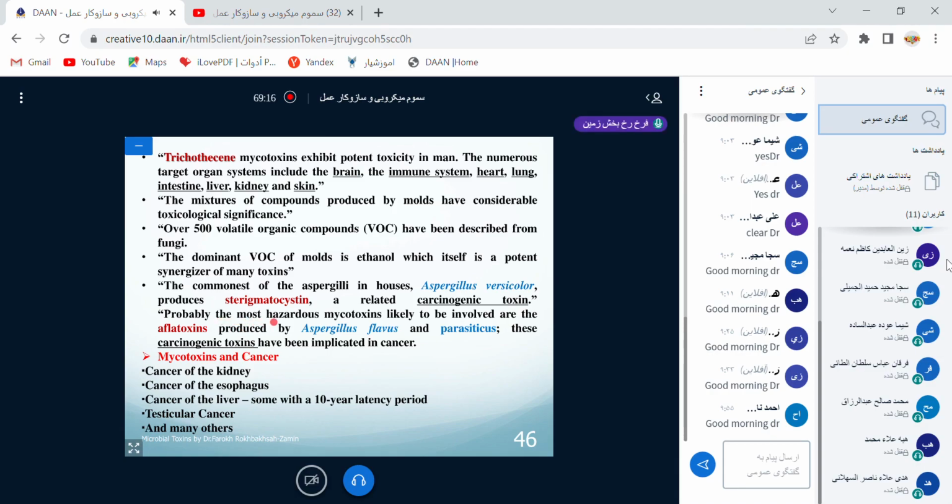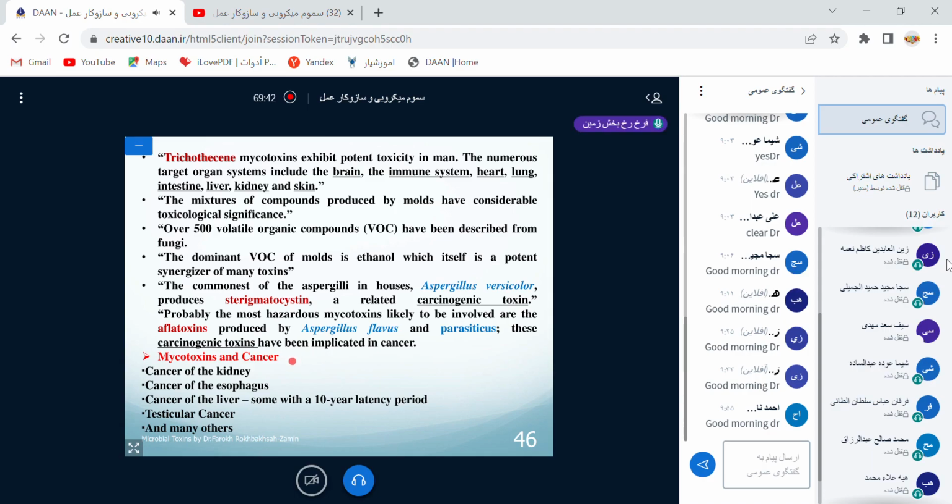Probably the most hazardous mycotoxins likely to be involved are the aflatoxins produced by Aspergillus flavus and parasiticus. These carcinogenic toxins have been implicated in cancer. Cancer of what?